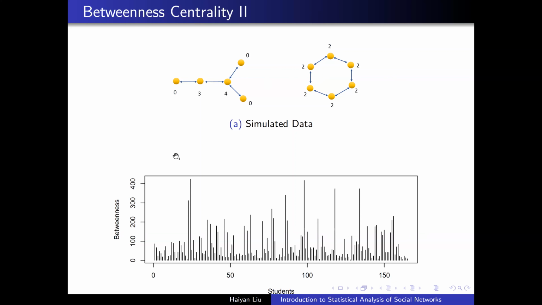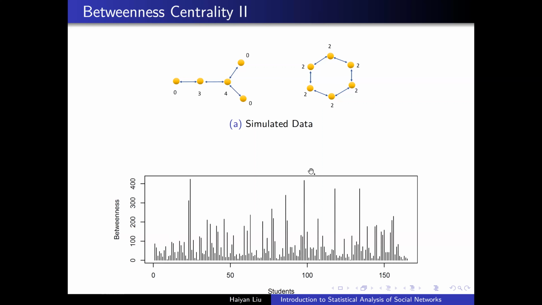This demonstrates the betweenness of these 165 students. On the x-axis, we plot the ID of those 165 students, and the y value is the betweenness of that student. We can notice that some students have very large betweenness centrality, some have relatively smaller betweenness centrality.